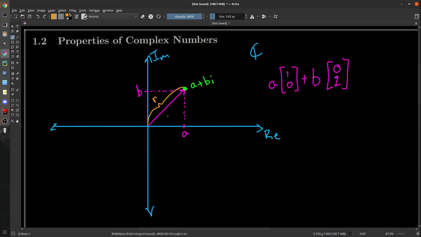Let's call this R. And then if we looked at the angle right here from the real axis, we could call that, say, theta. And knowing the angle theta and the radius would certainly specify the point just as well as knowing the xy coordinates. So we could also look at this as r, theta instead of A, B. Get what I'm saying? A plus BI or r, theta? Fair enough. We could look at it both ways.